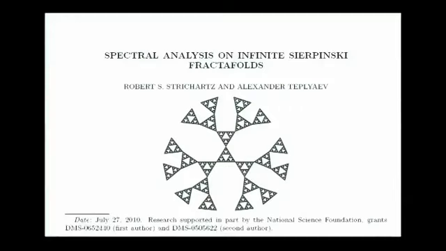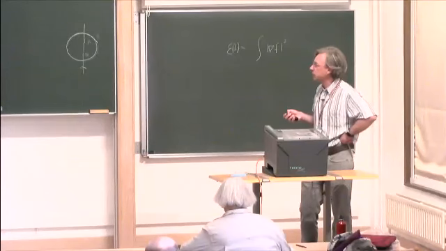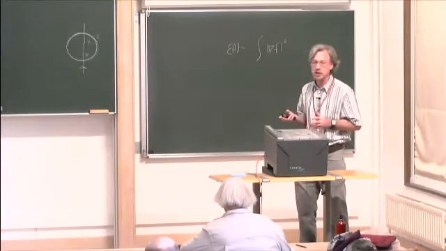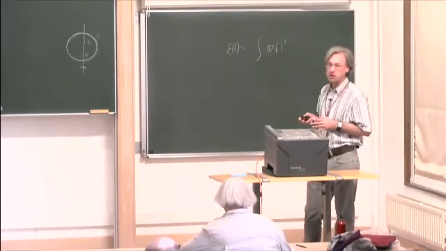And in the last 5 minutes, maybe, I'd like to present briefly a recent preprint of this year. We wanted to do it a long time ago, but we finished only in the summer. If you have fractals, a natural object was introduced by Strichartz, and he called them fractafolds. These are objects which have some global structure, but locally they are like fractals.